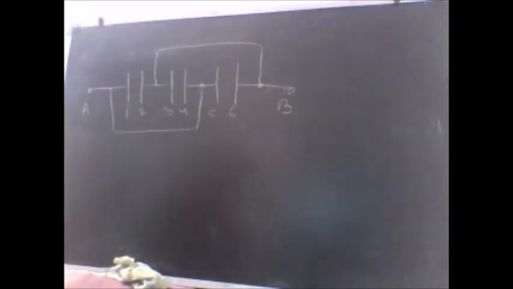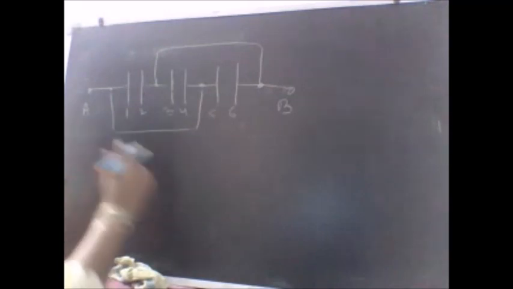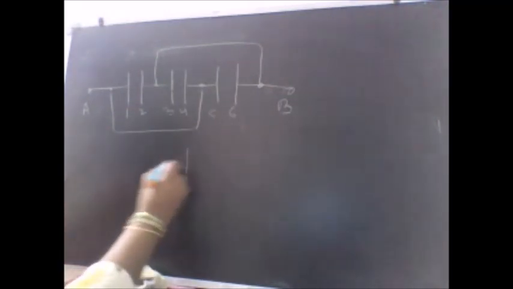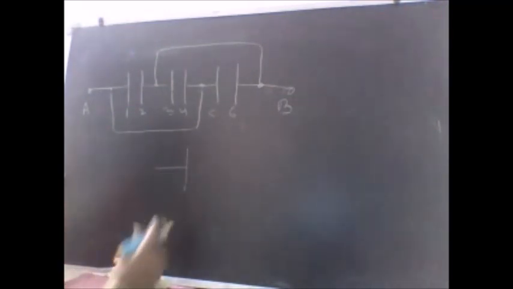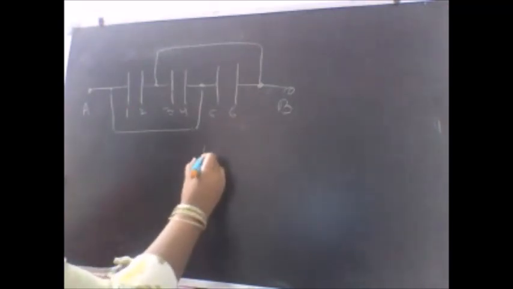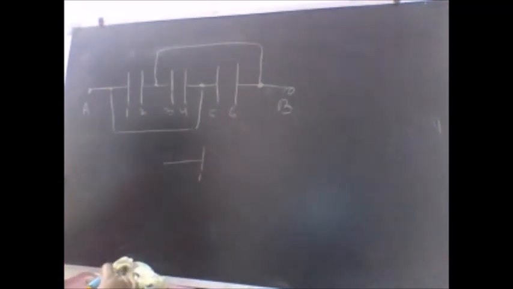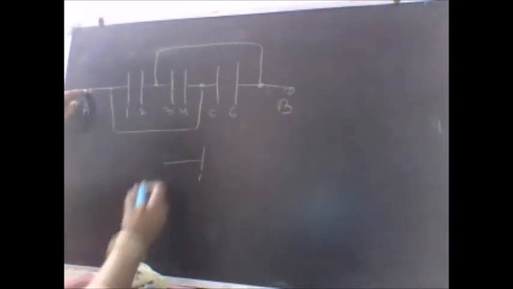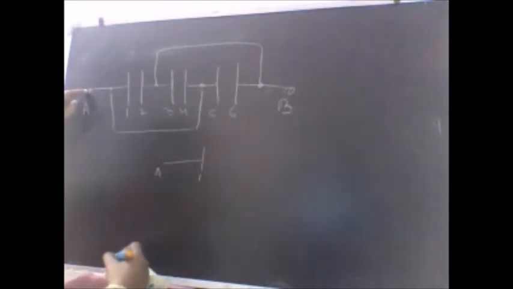So let us try it. We'll start with plate number 1. I am given this plate number 1 here. Let me put the name side by side. This plate number 1 is the terminal A, so I am putting terminal A here.